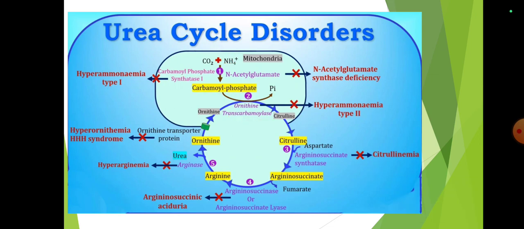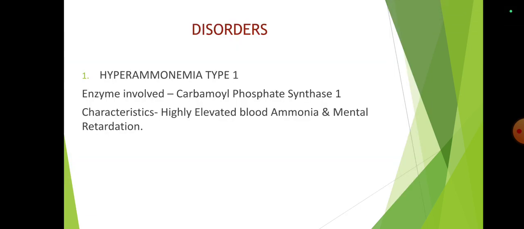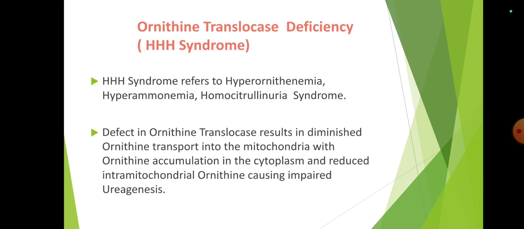Now, one more disorder we have to discuss, that is HHH syndrome. Please look at that slide. HHH syndrome is known as ornithine translocase deficiency. As I have already discussed in the part 1 video, ornithine, which is finally formed in the cytosol, has to be transferred to mitochondria for the further reaction, so a transporter system is required, that is ornithine translocase.